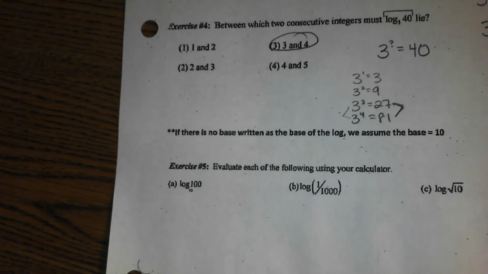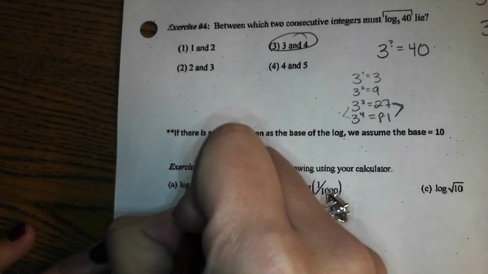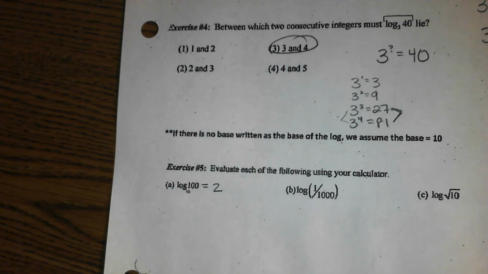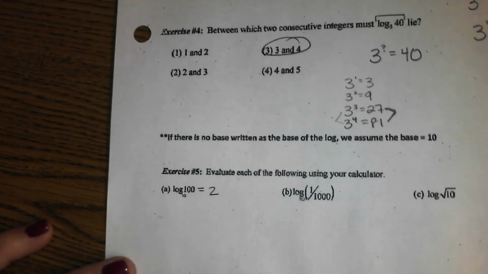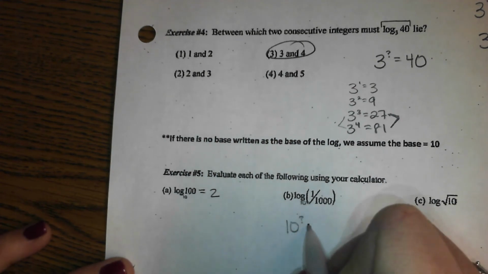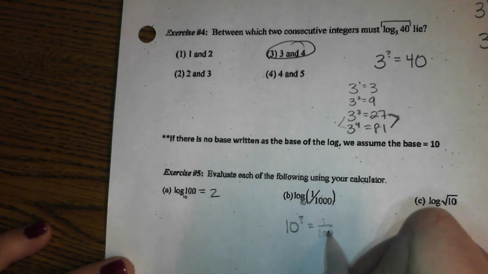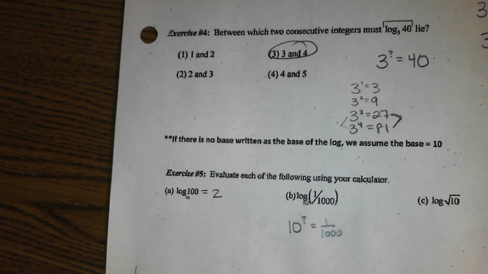Angie, what do you think that equals? Correct. Did you do that in your head or did you do that on your calculator? Okay. And this one is 10 to what power gives us 1 over 1,000? Eric?